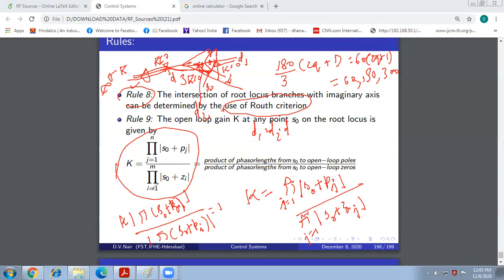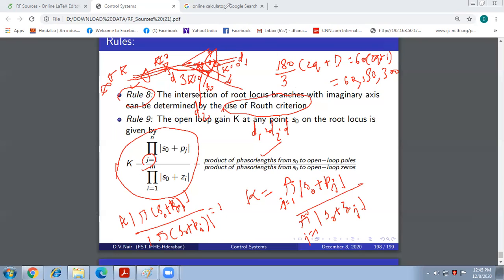Here the poles are taken with suffix i, and the zeros with j. You need not be confused with these suffixes. So we have the product of all phasor lengths of open loop poles from the potential point S naught in the numerator, and the product of phasor lengths of open loop zeros from the same point S naught in the denominator. That's how we can find the value of gain K at a point on the root locus.